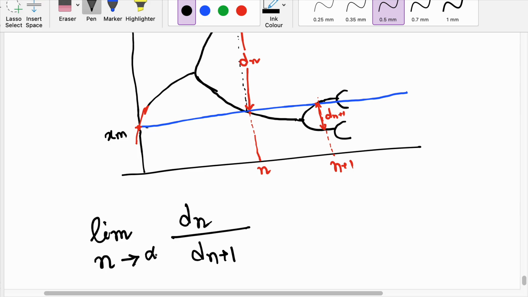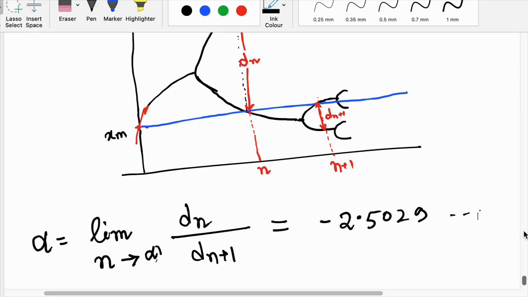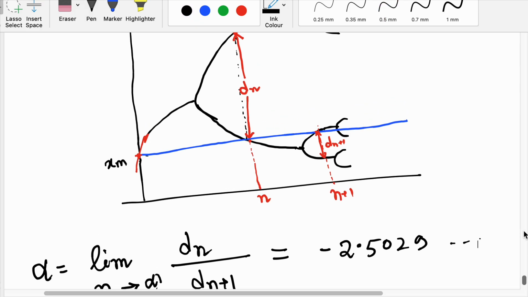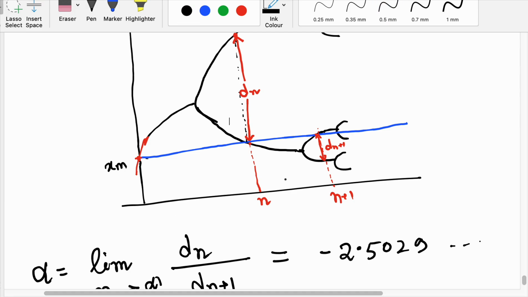And what Feigenbaum found is that as n goes to infinity, this ratio, alpha, is equal to minus 2.5029. This is another irrational number, and he found that this is also a signature of the period doubling route to bifurcation.